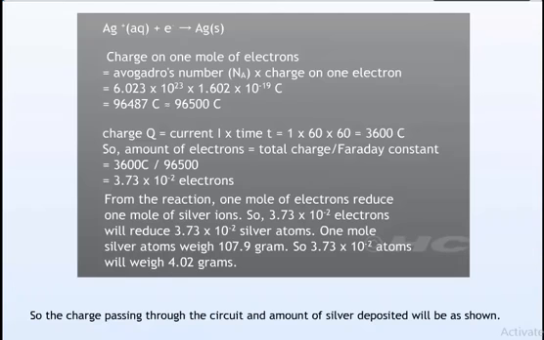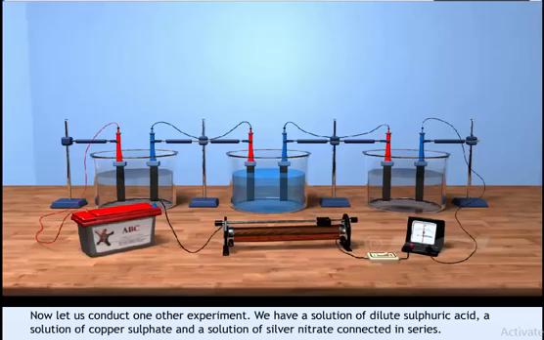So, 3.73 × 10^-2 moles of electrons will reduce 3.73 × 10^-2 moles of silver. 1 mole of silver atoms weighs 107.9 grams. So, 3.73 × 10^-2 moles will weigh 4.02 grams. So the weight of the key is 44.02 grams as 4.02 grams of silver is deposited on it.